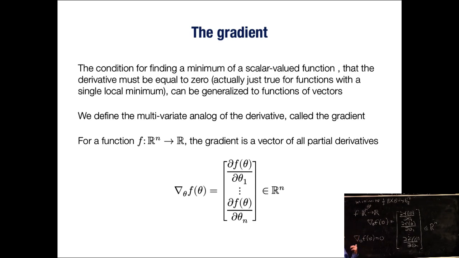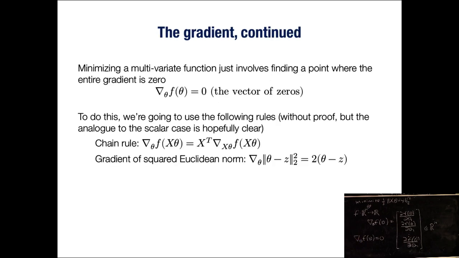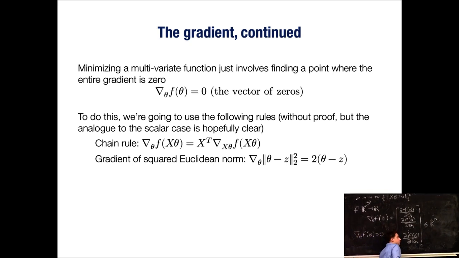And this is just a nice bookkeeping way of writing that with a single symbol instead of with lots of symbols. So the condition for minimizing a function, and again, a function of certain types, is that the gradient has to be 0.